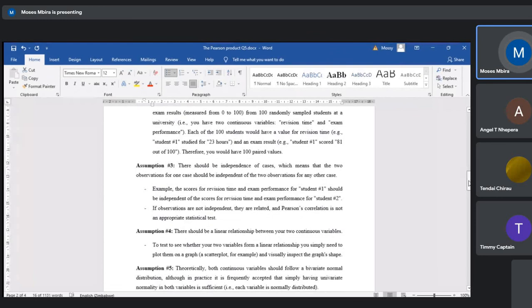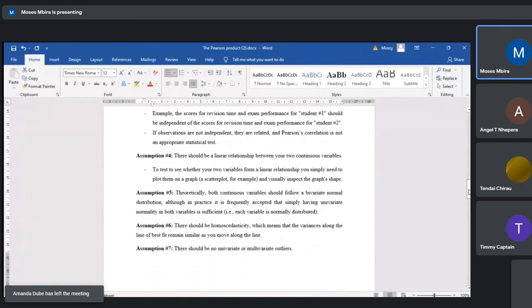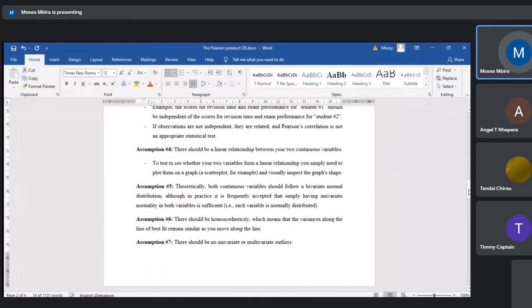Then assumption number 3, there are about 7 assumptions. There should be independence of cases, which means that the two observations for one case should be independent of the two observations for any other case. Assumption number 4, there should be a linear relationship between your two continuous variables.